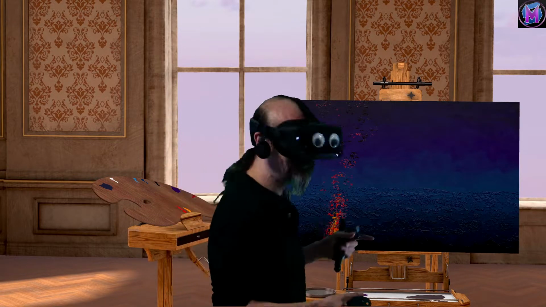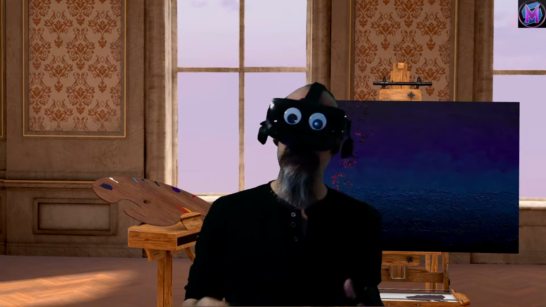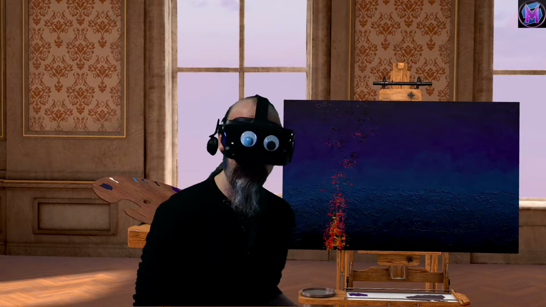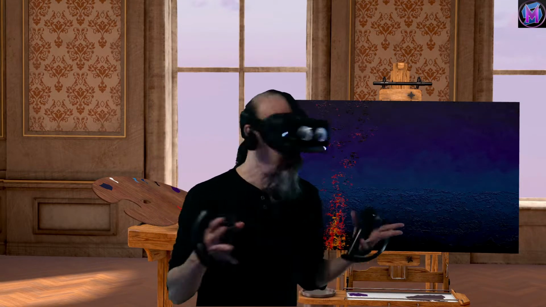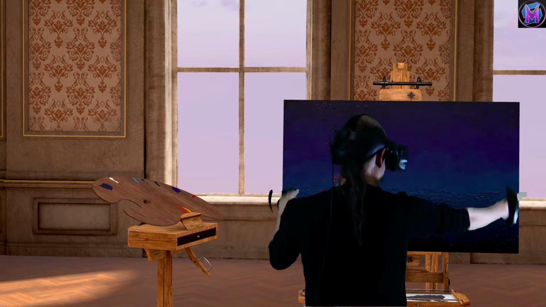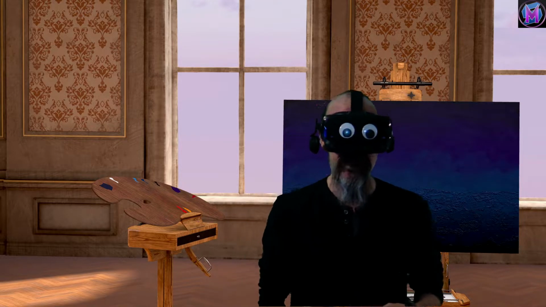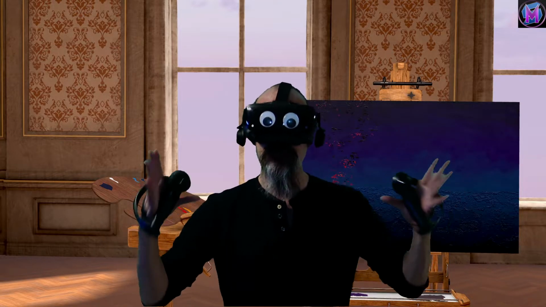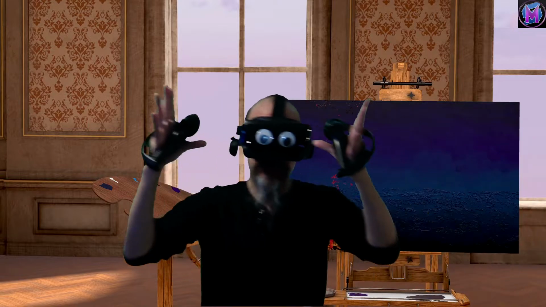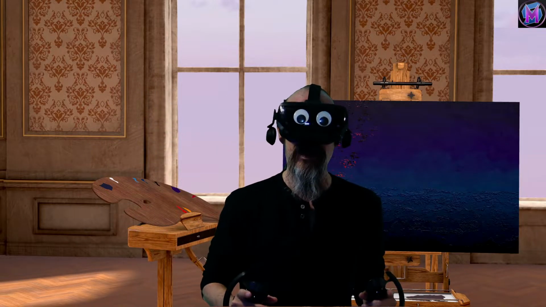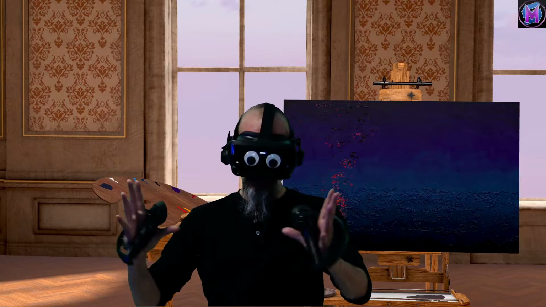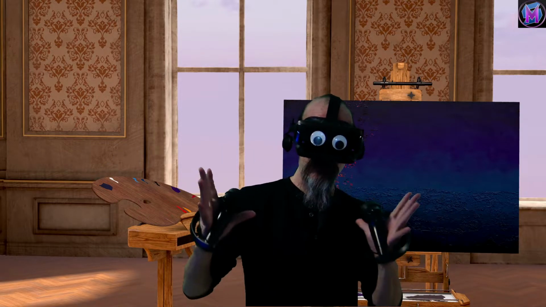So composition, compose. How are we actually going to build this painting up on the canvas? Whether it's a landscape or a still life or an abstract, all paintings are going to be within the four edges of this canvas. Like a photographer who moves the camera around to get a good frame for his photograph, he wants to find, or she wants to find, what looks best within those four edges of the frame.